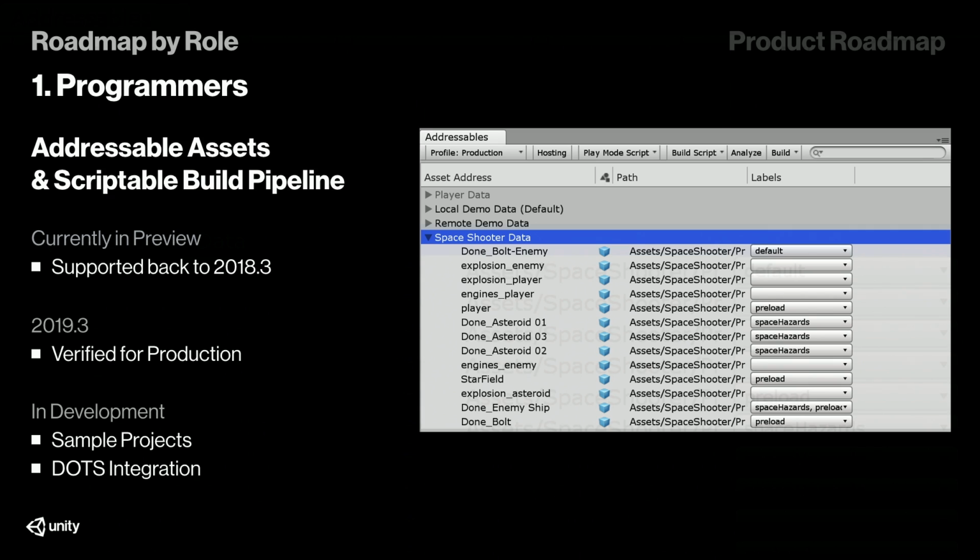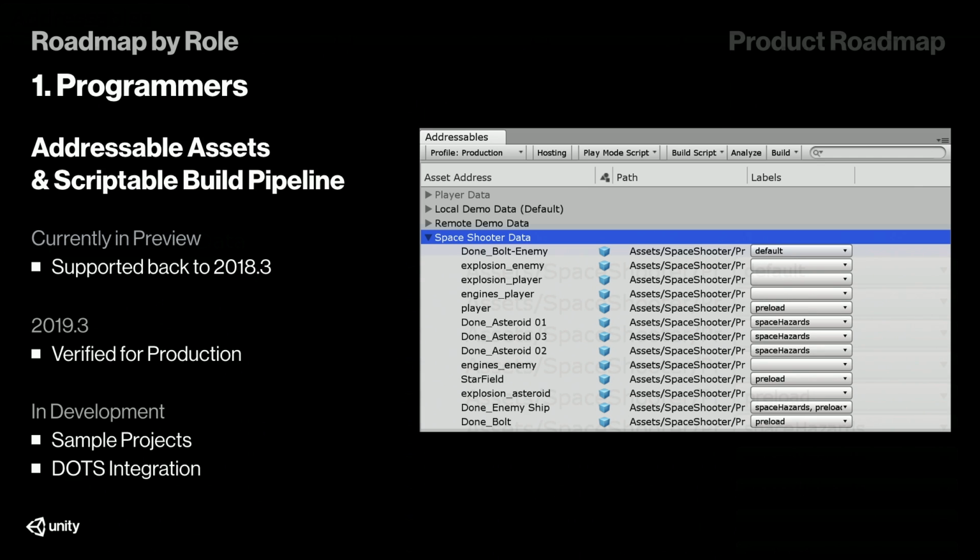In 19.3, we're aiming to verify addressable assets and scriptable build pipeline, not render pipeline, for production. Scriptable everything, verified in 2019.3. We're verifying that for production in 2019.3. I'm running a marathon.